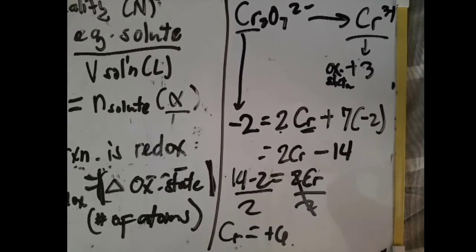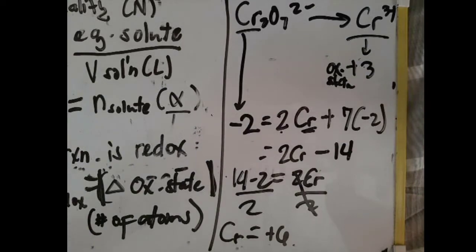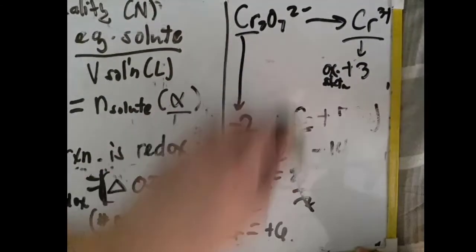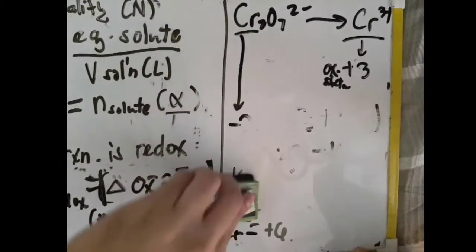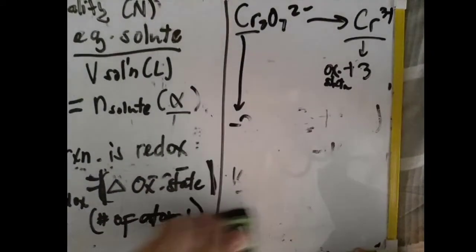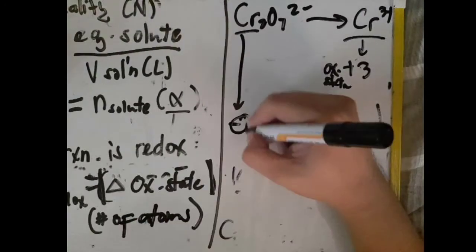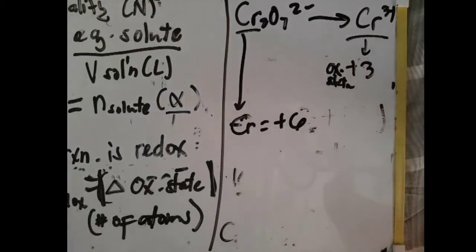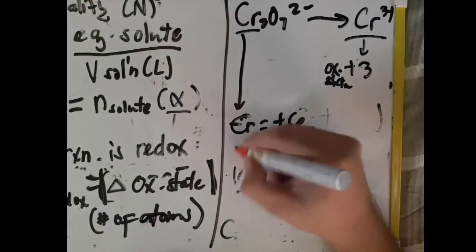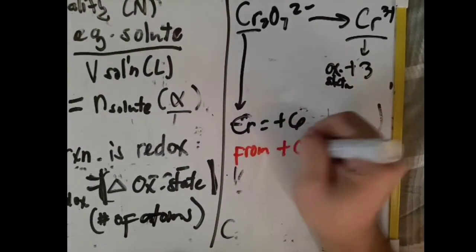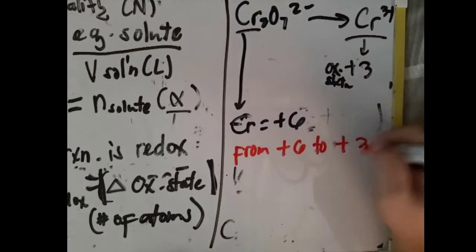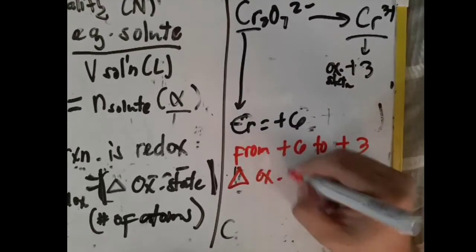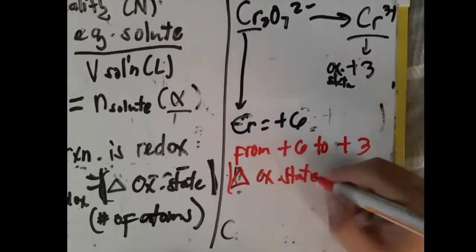I'm running out of board space. Okay, where will I erase this? So chromium has an oxidation state of positive 6. So the change is from positive 6 to positive 3. What will be the change in the oxidation state, therefore? Obviously, this is pretty straightforward.